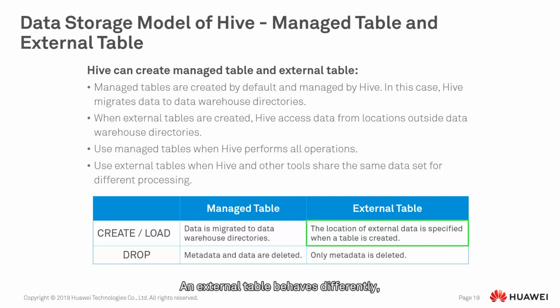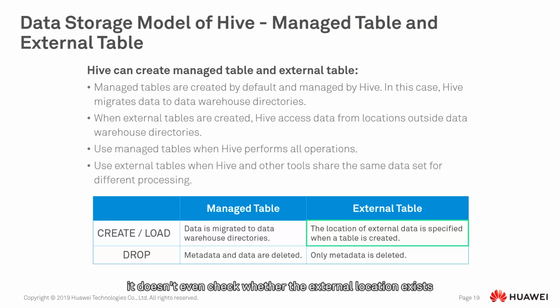An external table behaves differently. You control the creation and deletion of the data. The location of the external data is specified at the table creation time. With the external keyword, Hive knows that it's not managing the data, so it doesn't move it to its warehouse directory.